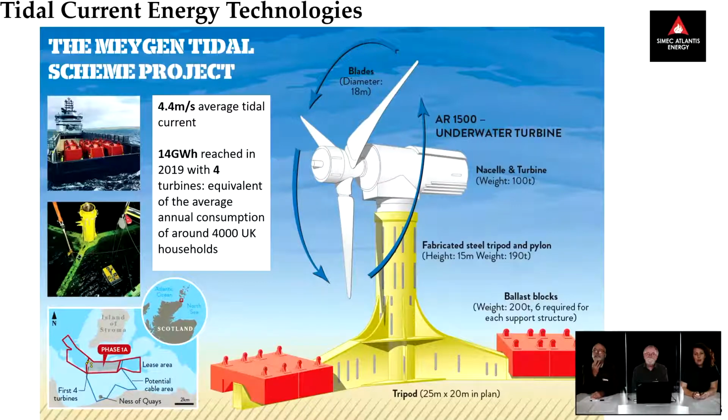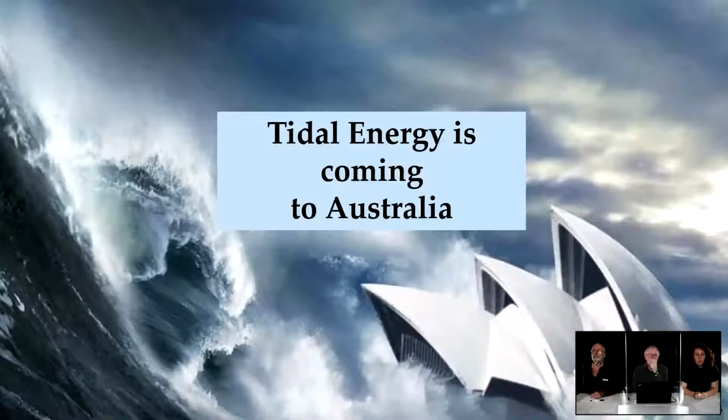Last year, they produced 14 gigawatt hours, which is the equivalent of the consumption of 4,000 households. And this year, they produced 28. So it's very, very nice and very promising. So tidal energy is very active in Europe, and it's coming to Australia.